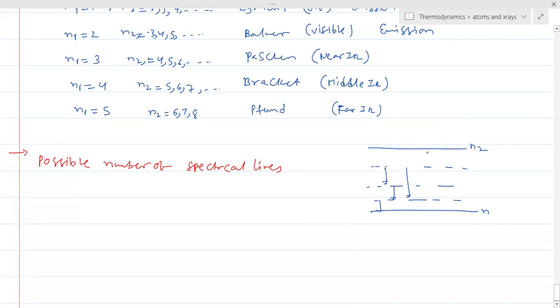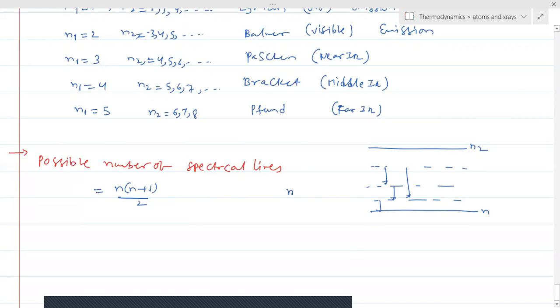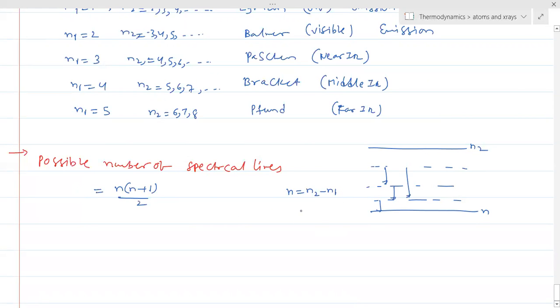The possible number of spectral lines is simply n(n+1)/2, where n = n2 − n1. So we can easily remember this.